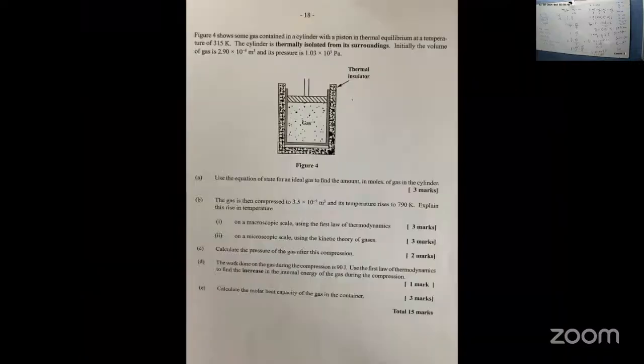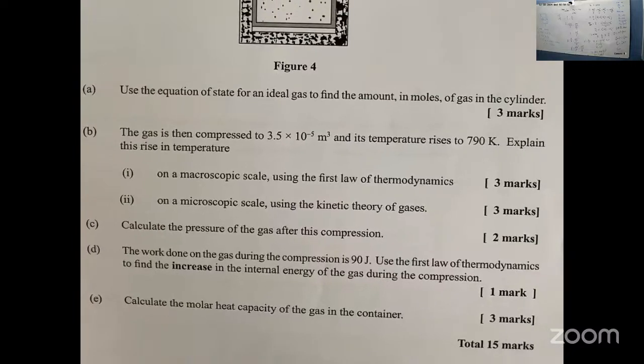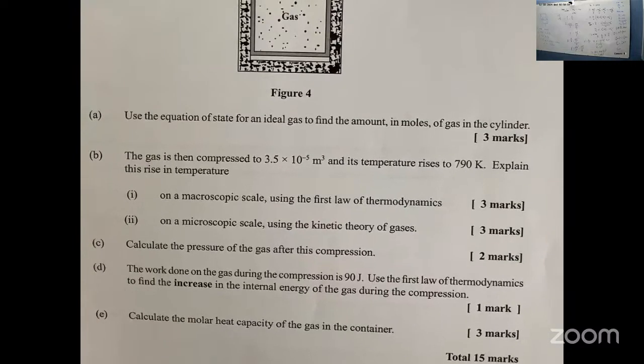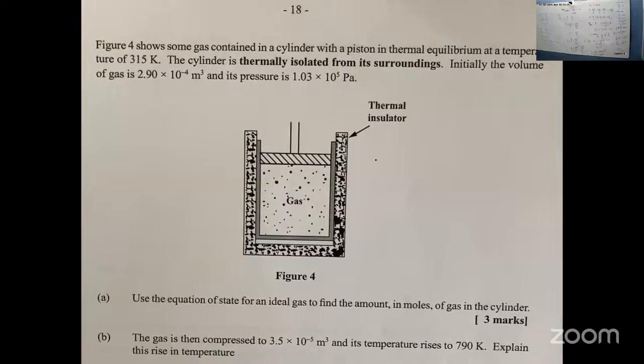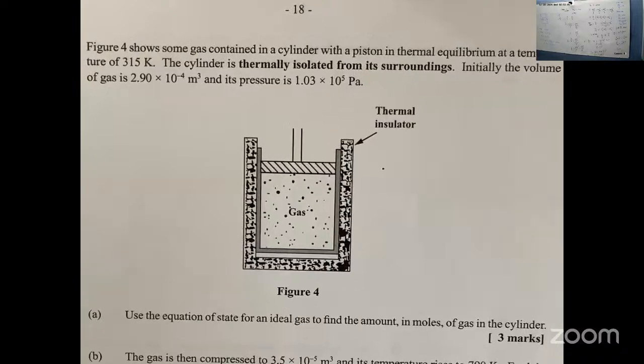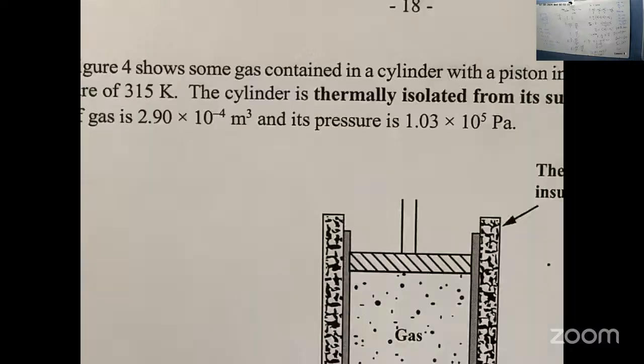This one here is a little blurry. That's the one that we just did. This one here, you can't do all of them because part of it is what we're doing tomorrow. Just do the part to find the number of moles. Everything you need is there. I'll zoom in a little bit, right?